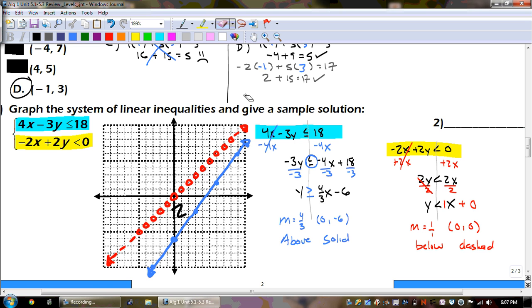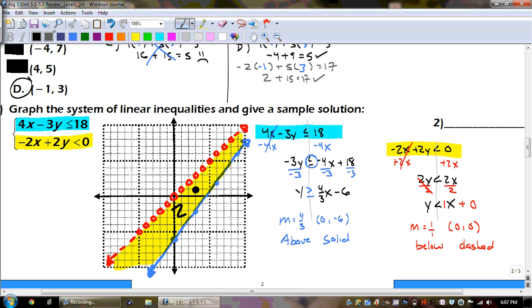So the only part of my solution is 2, which is the middle portion. Okay? It's tough. We've never had one like that before. But I guess that's why this is the harder side of the review. Now, we can pick anywhere to give a sample solution. So I'm just going to go anywhere that's shaded in, and I'm going to go with that point right there, which is the point (3, 1).